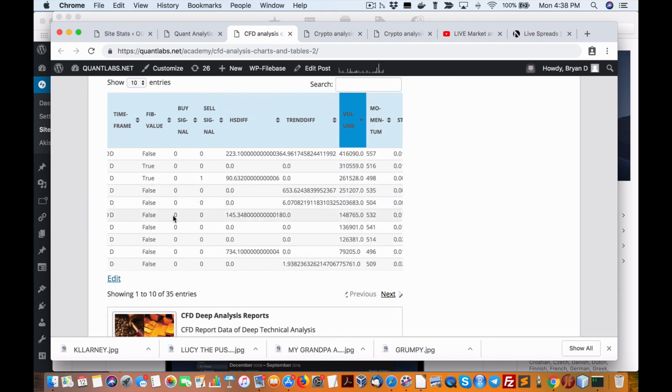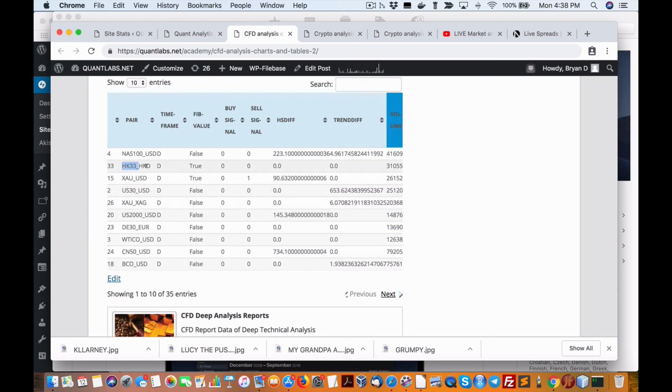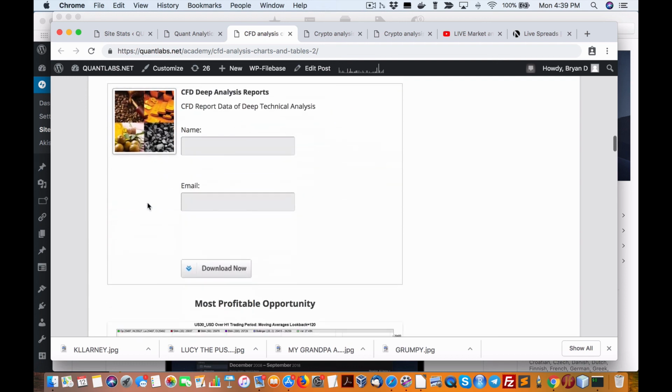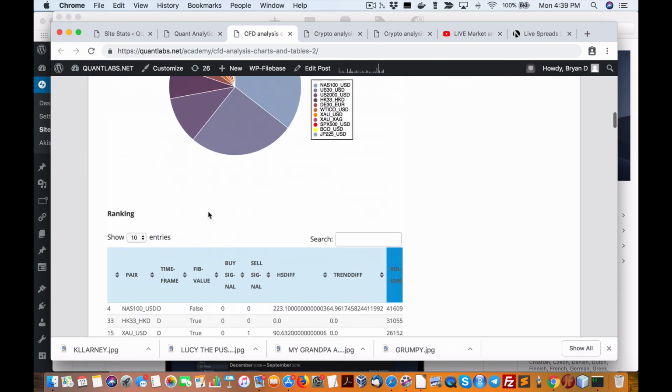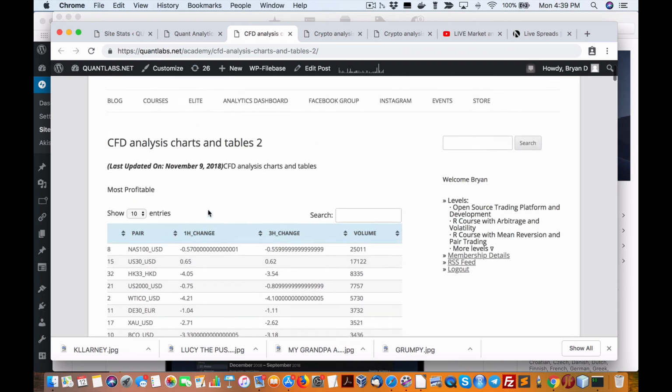So these may be defensive plays that people are lining up, both the Hong Kong and the silver gold ratio, as I call it, XAU, XAG as well. Those are ones to be on the lookout for.